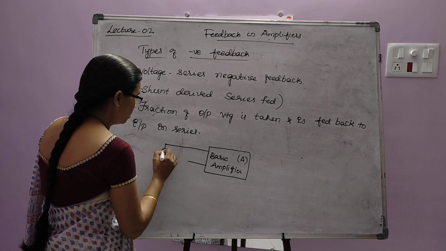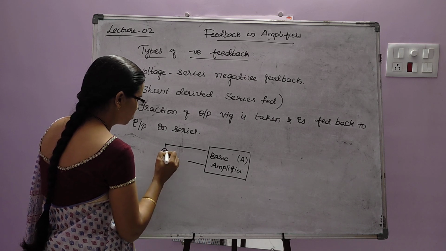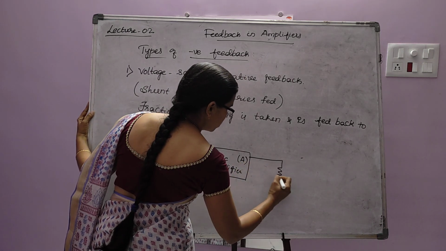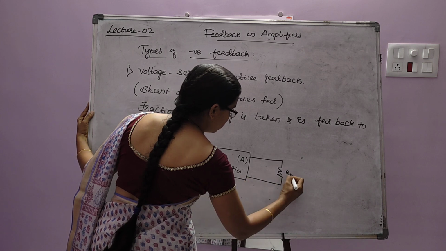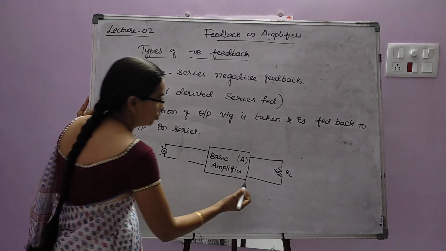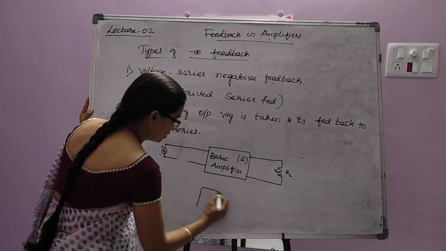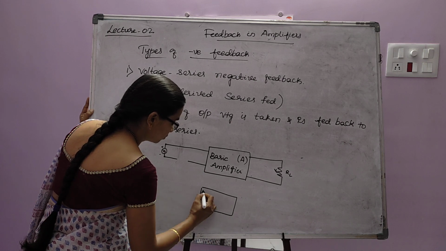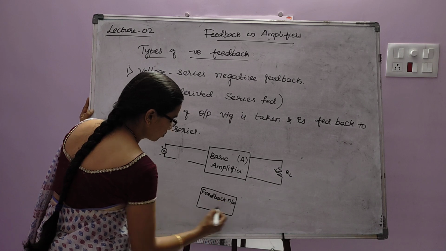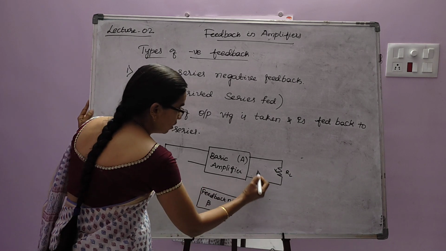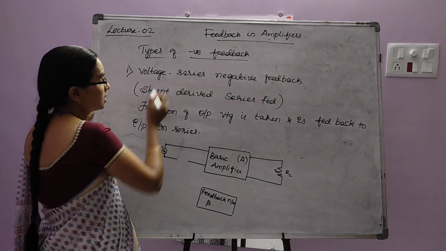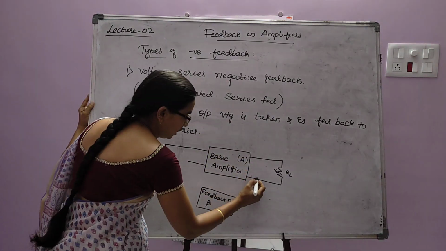Here I am taking Vs as the source voltage, this is RL, where we have voltage V0 as the output voltage, and there is a feedback network, that is beta.